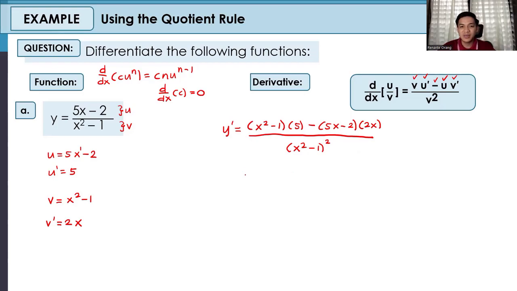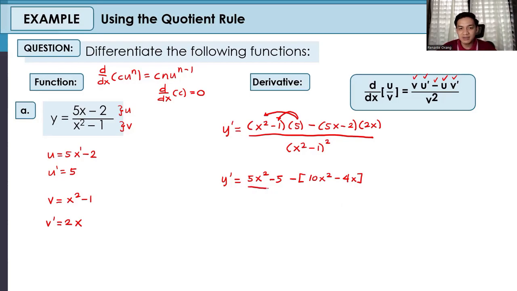Last thing that we need to do, class, is to simplify. So, that is y is equivalent to, distribute natin sa loob, that is x squared multiplied by 5 is 5x squared. Negative 1 multiplied by 5 is negative 5. Minus, lagyan muna natin ng open and close parenthesis to avoid mistakes sa ating negative na nasa labas. So, 5x multiplied by 2x is 10x squared, negative 2 multiplied by 2x is negative 4x.